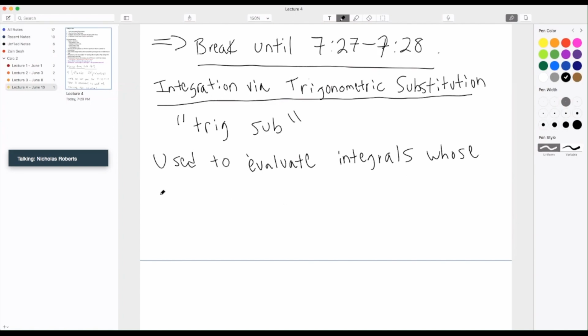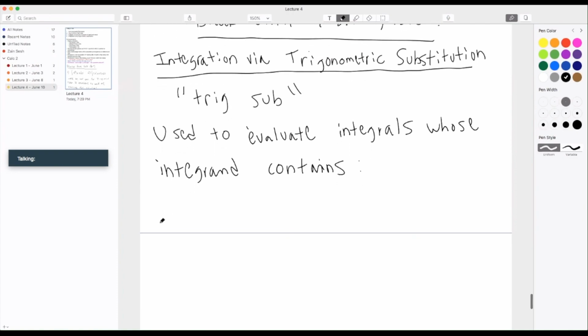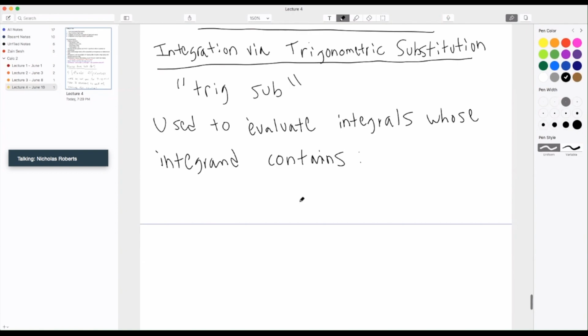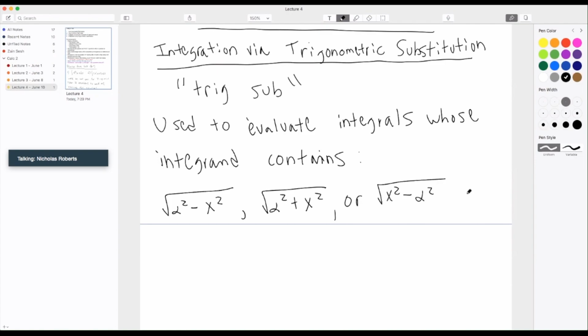whose integrand contains the following expressions: square root of alpha squared minus x squared, square root of alpha squared plus x squared, or square root of x squared minus alpha squared.